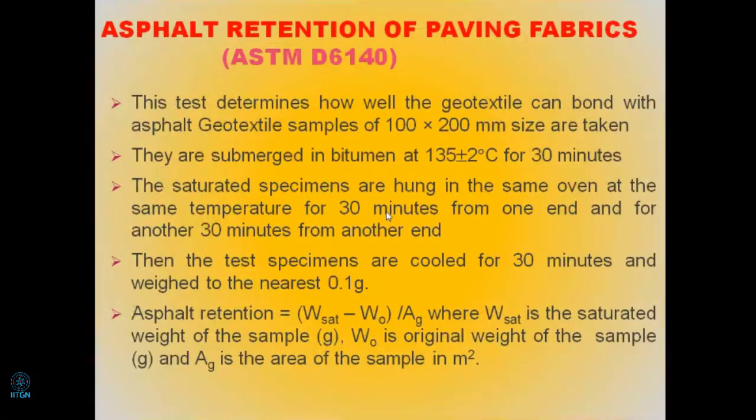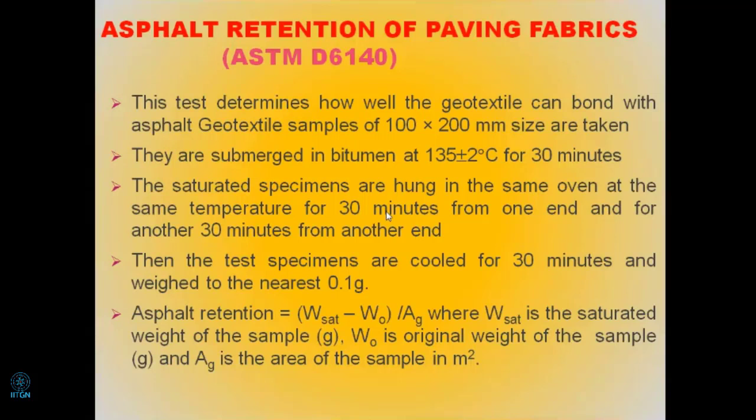Next is the asphalt retention test, which is again as per ASTM D6140. When geotextiles are coated with bitumen and used in pavements, they are also called paving fabrics. This test determines how well the geotextile can bond with the asphalt, using samples of 100 mm by 200 mm size.